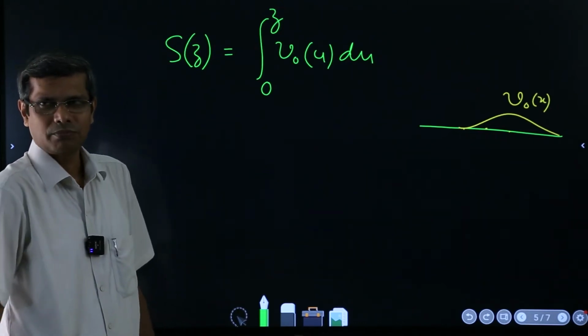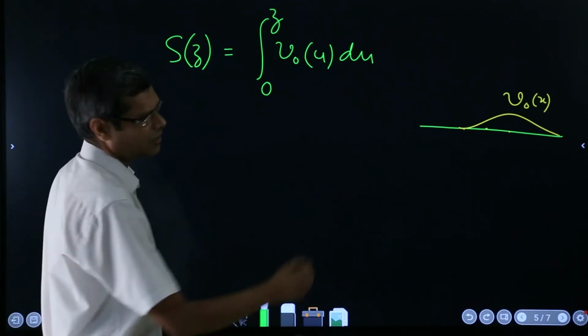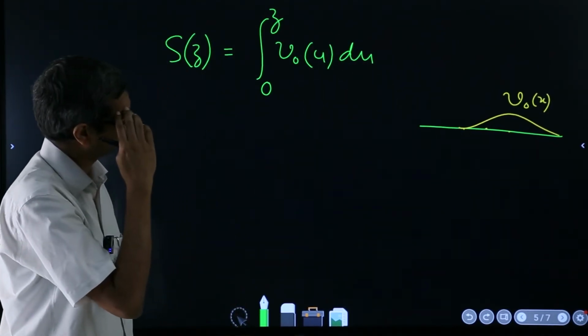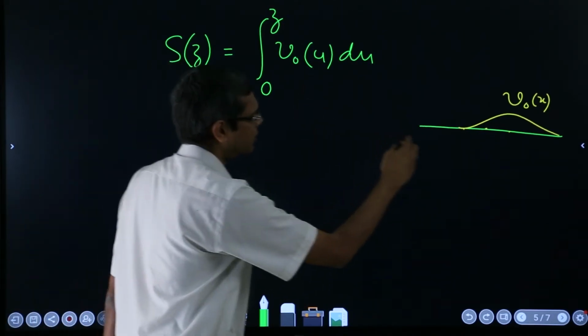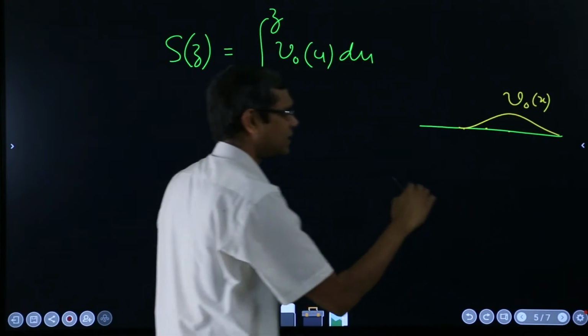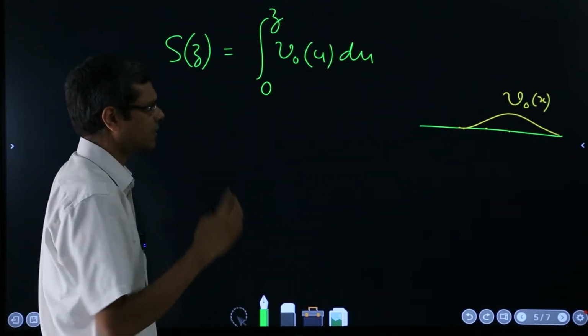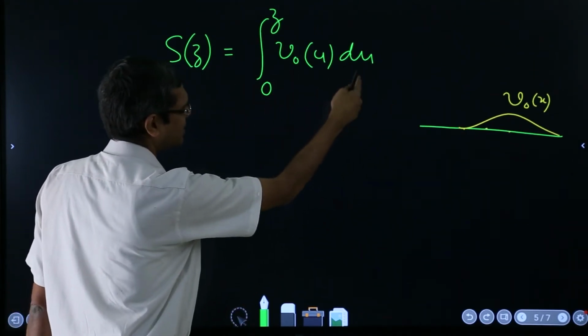Right? Now here I could have used x also, doesn't matter, but I don't like to use x here because V naught x is defined on the actual domain. Now I am creating an artificial function by using the same function.